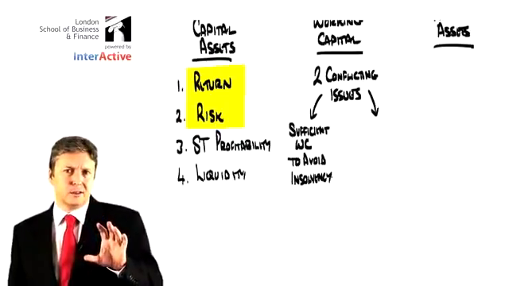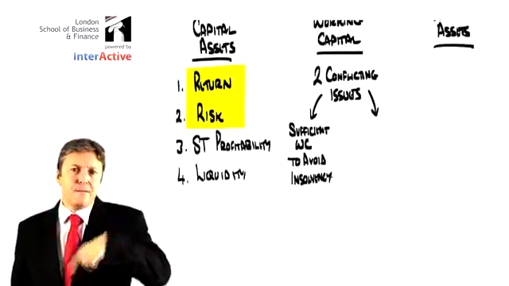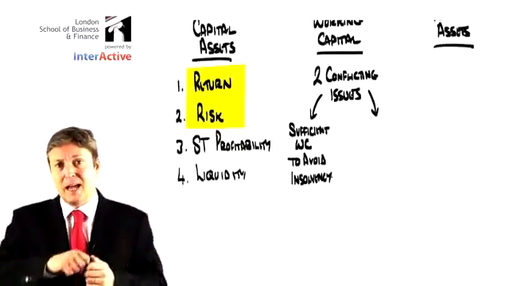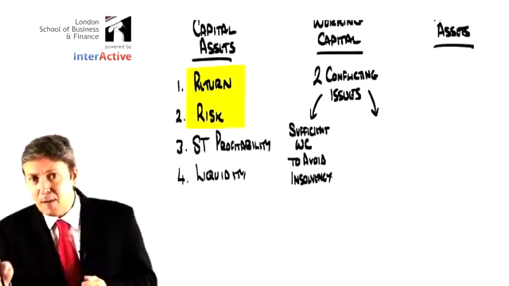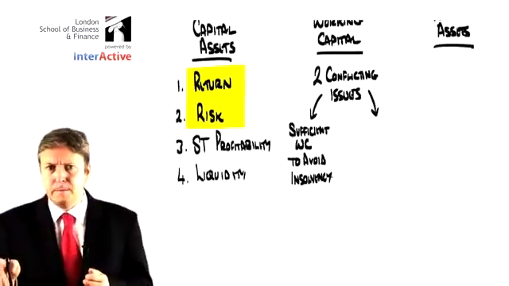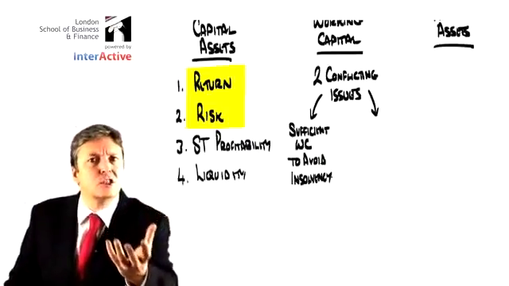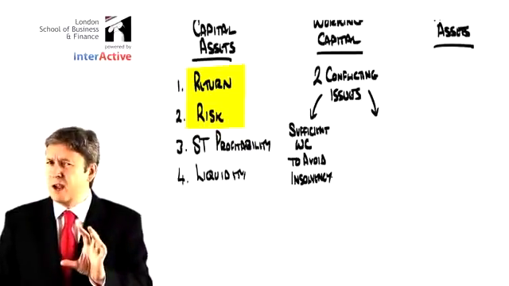On the other hand, we don't want to hold too much. Every pound invested in working capital is one less pound that we could invest in capital assets. Remember, capital assets generate the return. If we invest in, say, stock, does it generate a return? Well, the answer is no, not directly.